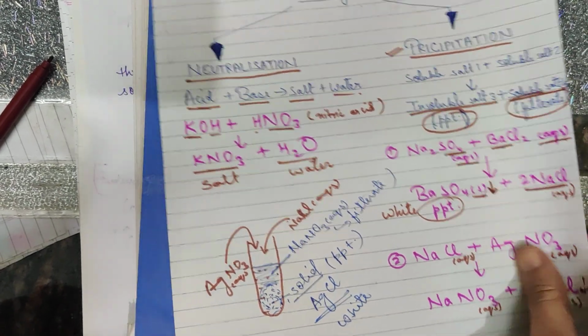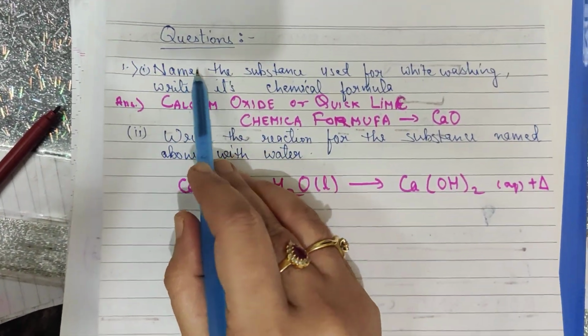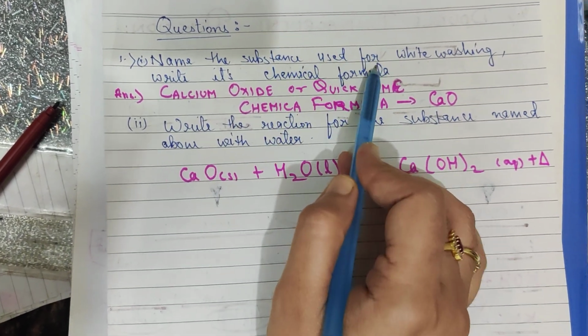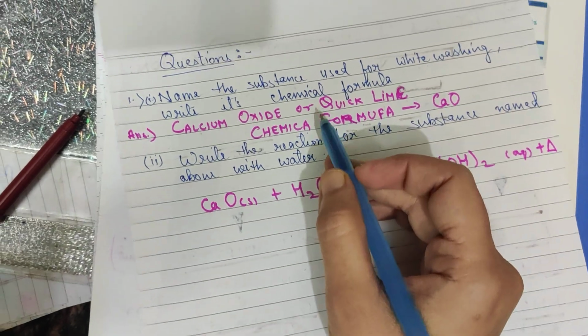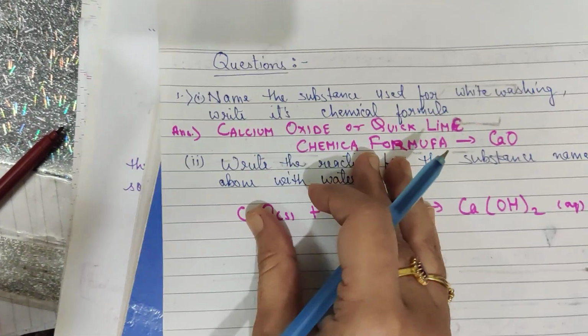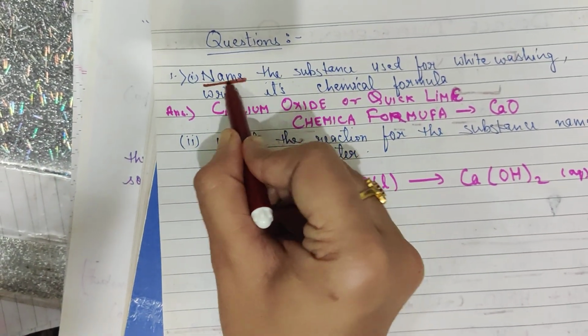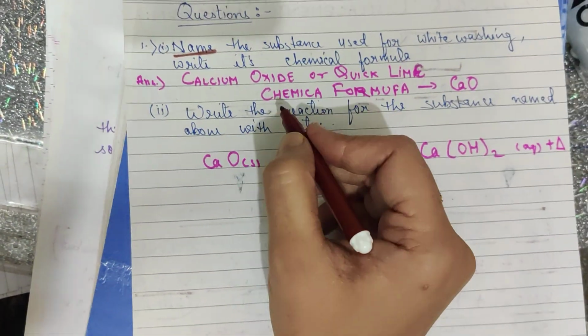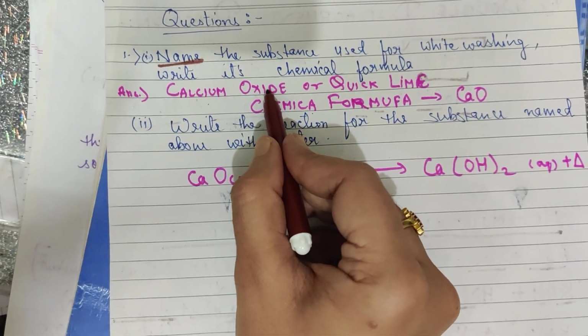So now let us move on to a question. The question is, name the substance used for whitewashing and write its chemical formula. So first part of the question is to name the substance which is being used for whitewashing. The substance is calcium oxide. Calcium oxide is the chemical name of this substance.